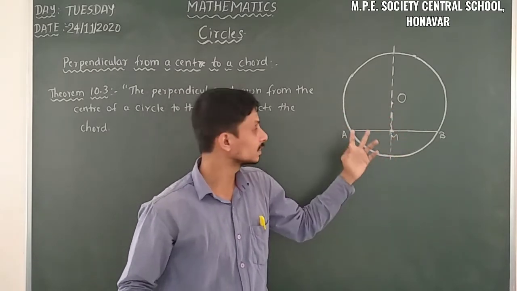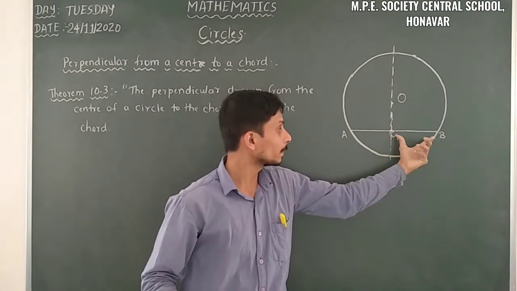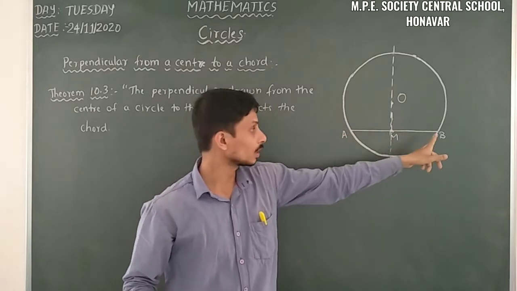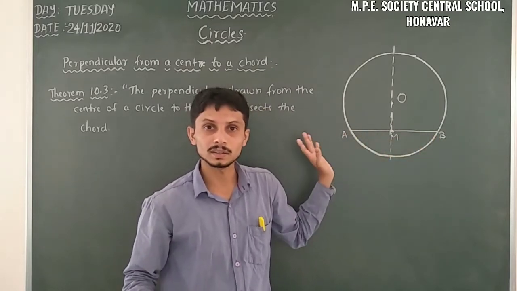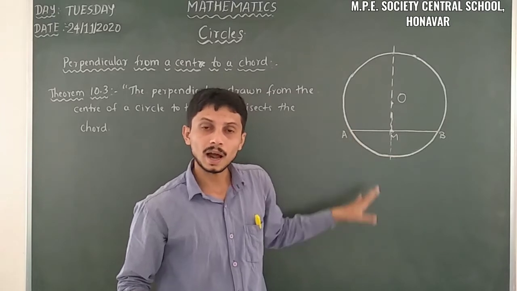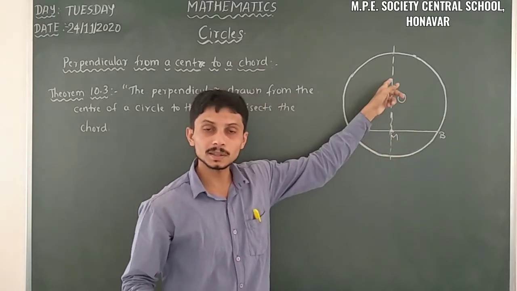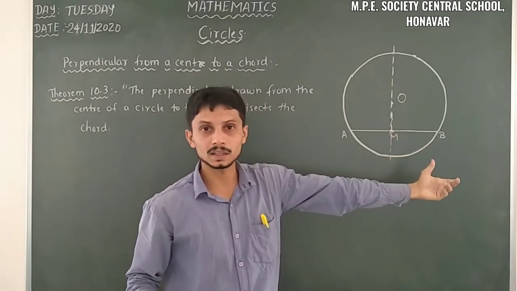It also bisects AB into two equal parts, because MB completely overlaps on AM, so B touches A. After that we get AM is equal to MB. Also we get the perpendicular from the center to this chord AB.